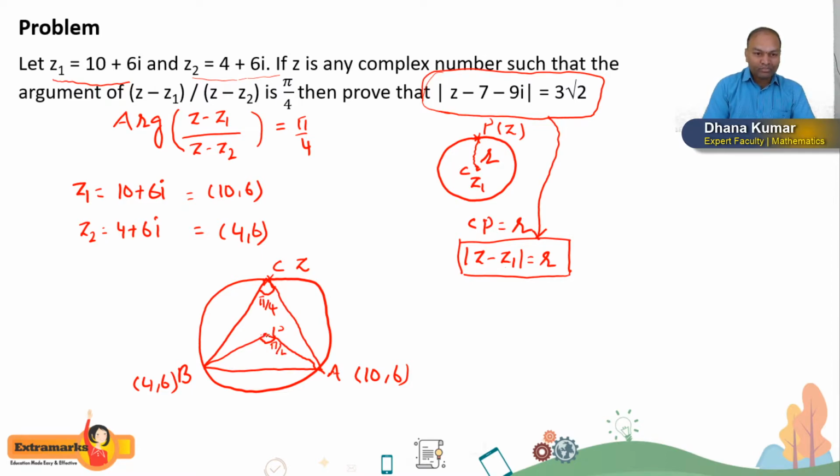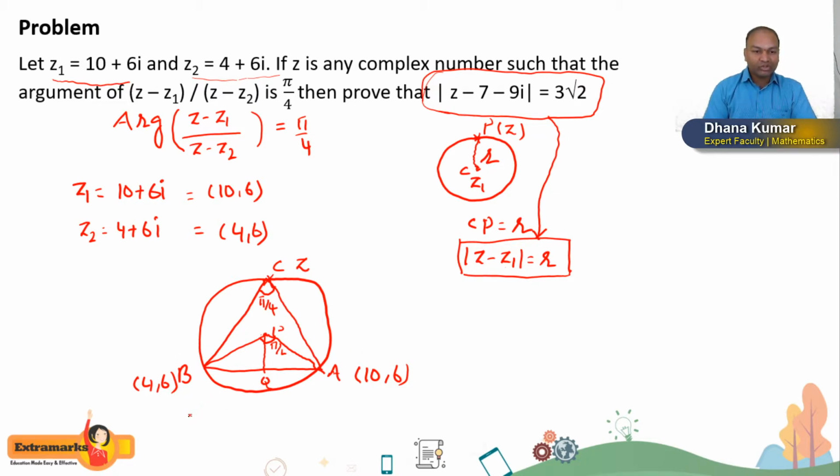Okay. From this center, you draw the line. This is some Q. Now, according to circles concept, PQ is the perpendicular bisector of the line segment joining the points A and B. Correct or not? So, Q is the midpoint of AB.